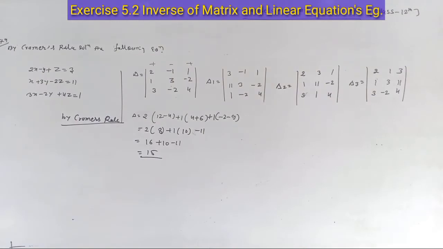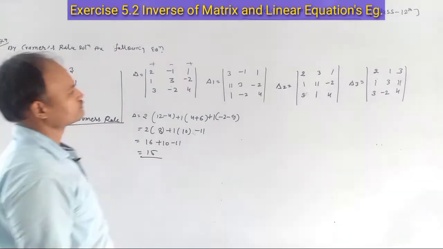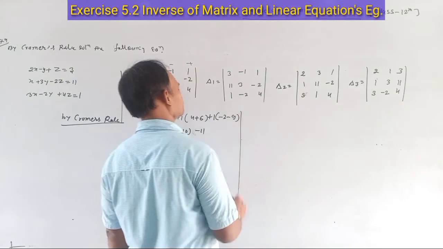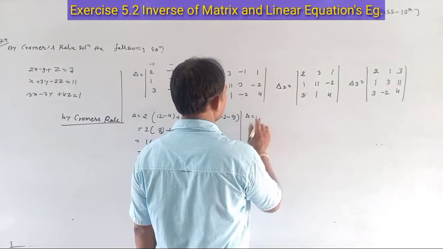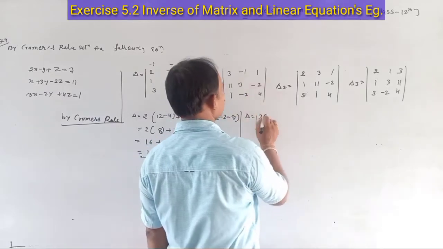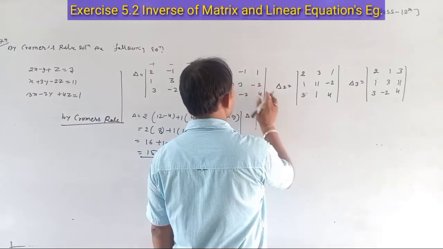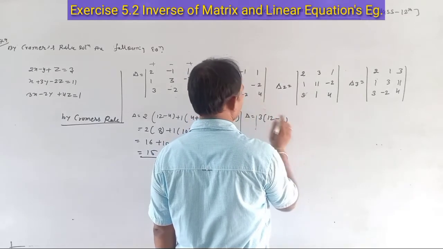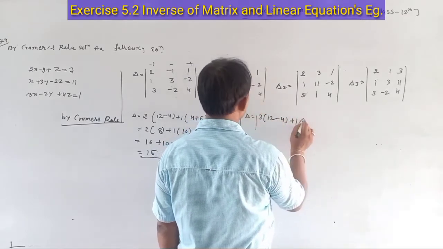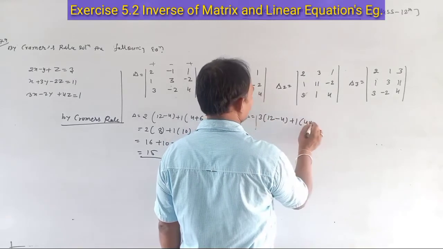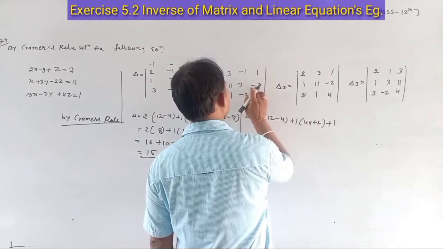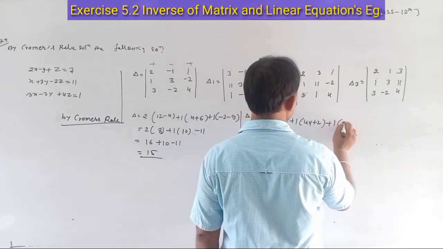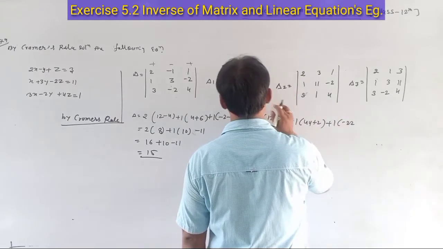Now delta 1. It is 3 times 12 minus 4, plus 1 times 44 plus 2, plus 1 times minus 22 minus 3.